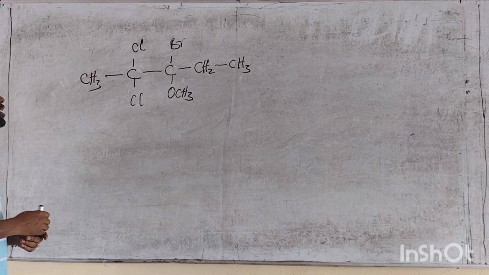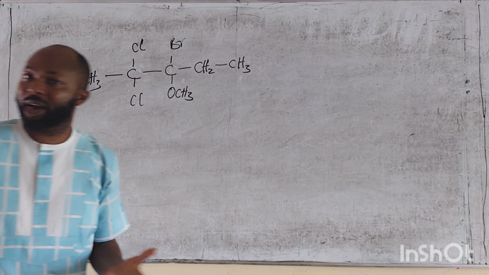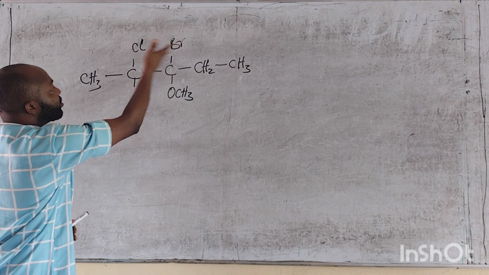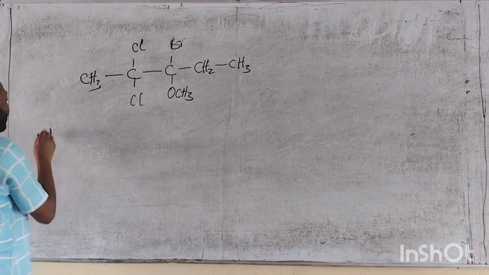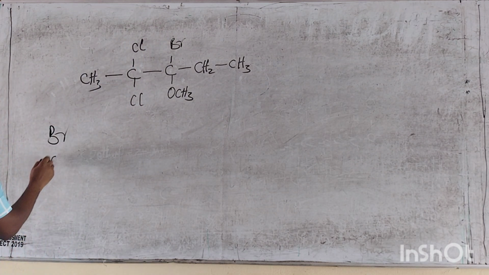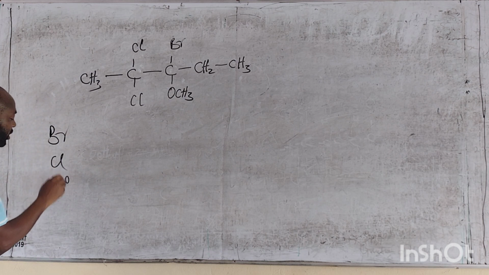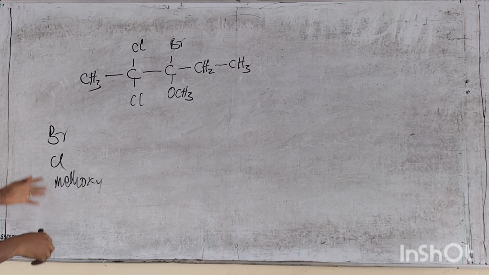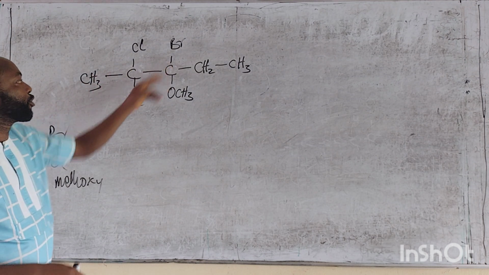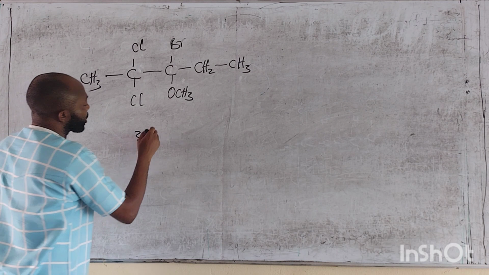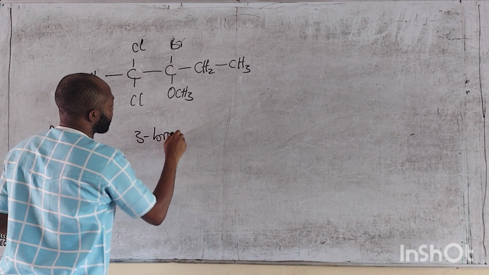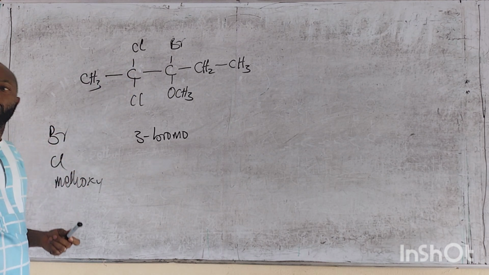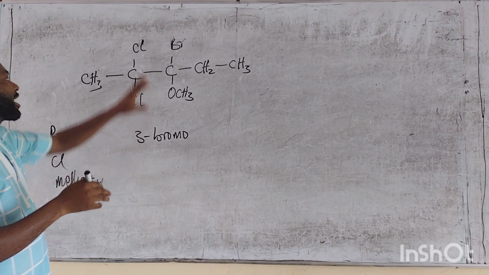Alright, now let us see what comes first. We say alphabetically, am I right? Alphabetically, we have B before C. So B will come first, bromo, then we have chloro, and we have methoxy. So let's begin. 3-bromo, 2,2-dichloro, because we have 2 chlorine and they are all in carbon 2.